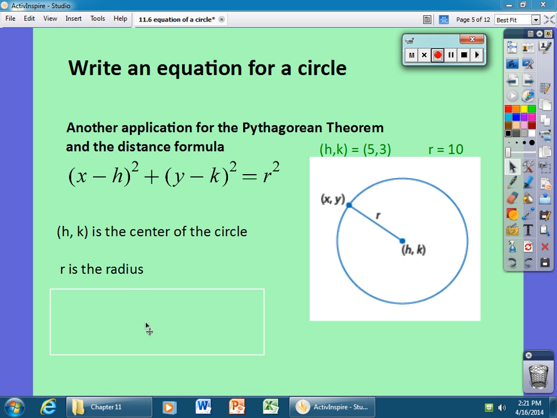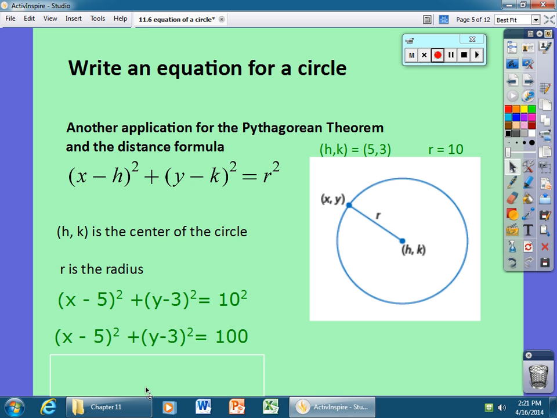If I want to write the equation for this circle, I'm just going to put them in where they belong. x minus 5 squared plus y minus 3 squared equals 10 squared. Then on the second line, I just simplified and said what 10 squared was. These I just leave alone: x minus 5 plus y minus 3 with the squareds on them. So this is the equation for a circle with a radius of 10, and the center of the circle is at 5, 3 on the coordinate plane.